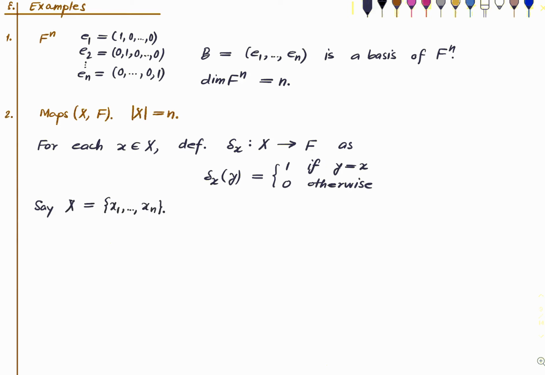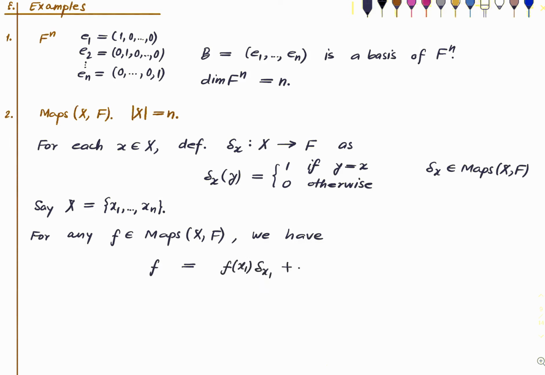Now clearly delta_x is a member of this vector space. Now for any function in this vector space we have, and this is something you can easily check, f is equal to that, and in a more convenient notation it is written like this.